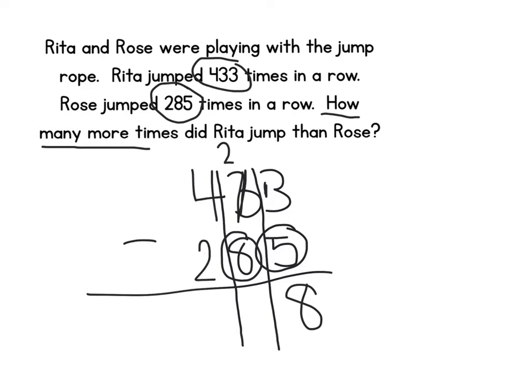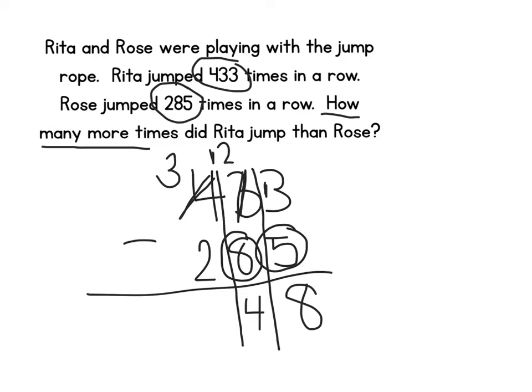So we are going to cross off that 4, turn that 4 into a 3, and give that extra 1 to the 2 there. So I'm going to put the 1 right in front of the 2. So now that number is not 2 anymore, now it's 12. Now I can go ahead and subtract. 12 minus 8 is 4.